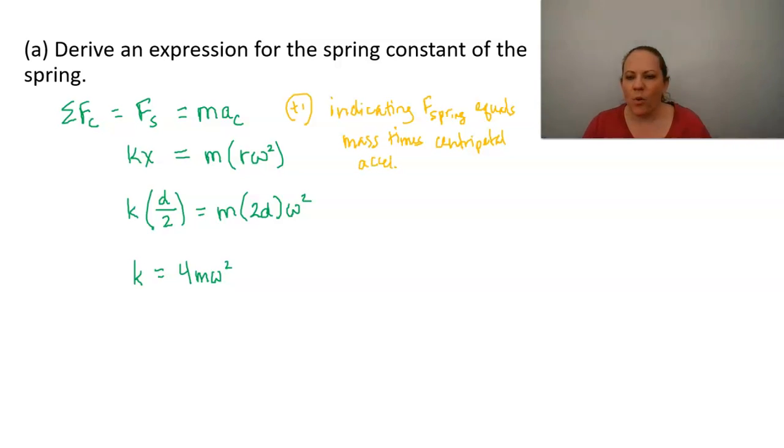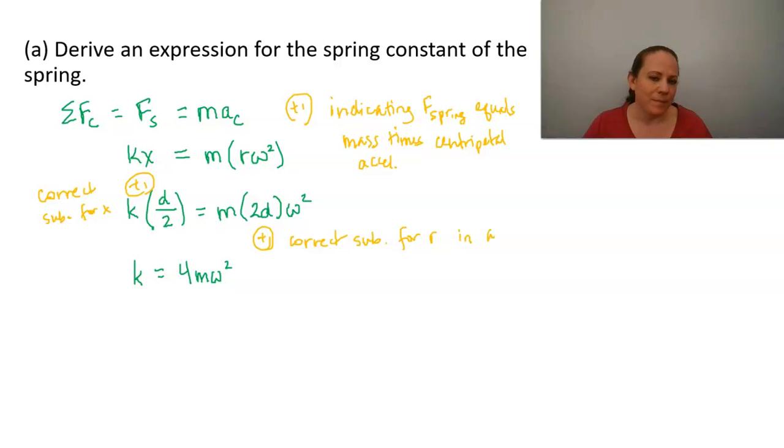We're going to get a point for correct substitution for x. And our final point is going to be for correct substitution for r in an equation that can be used to solve for k.